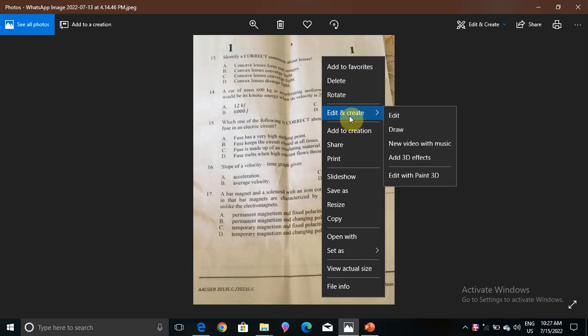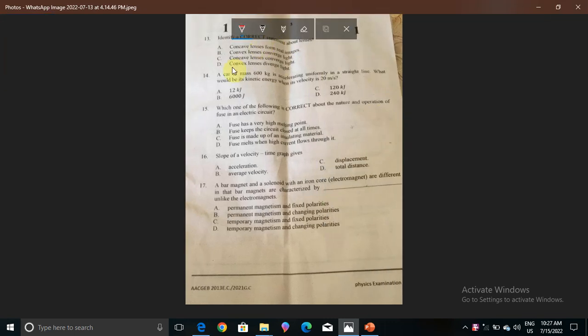Concave lenses form real images, convex lenses converge light, concave lenses converge light, or convex lenses diverge light. The correct answer will be D. Convex lenses diverge light because it is diverging. So the correct one for question number 13 is choice D.